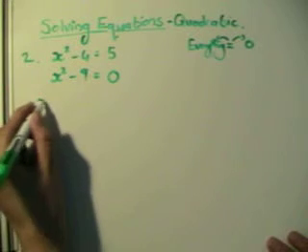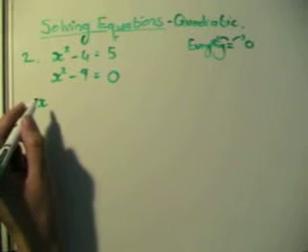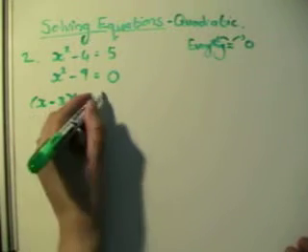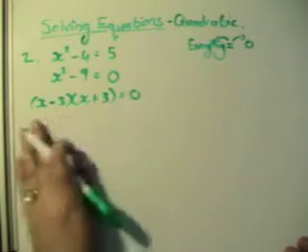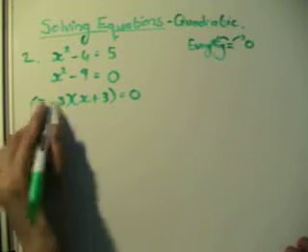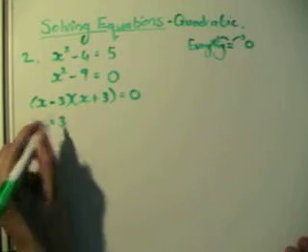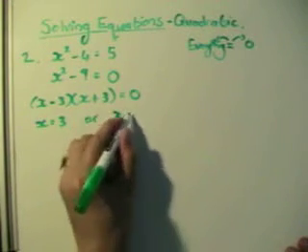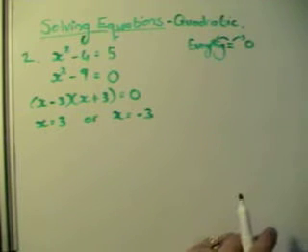This is a difference of squares. And can you see that now I have a product, zero factor law. This should be 0. This is 0 where x is 3. Or this should be 0. This is 0 where x is minus 3.